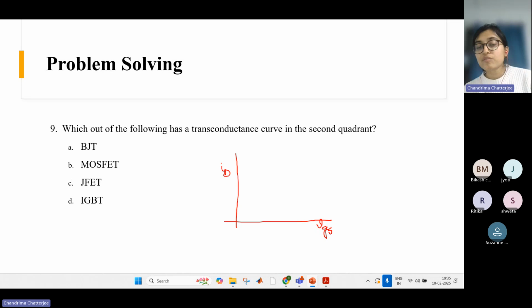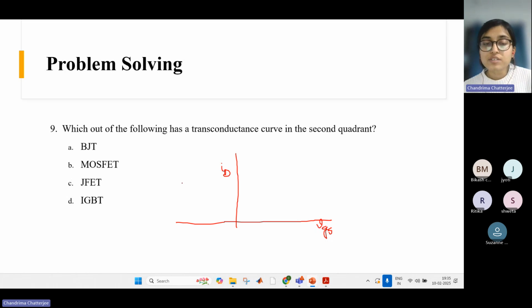Today only we saw this for MOSFET, right? The transconductance curve. So for which of these devices is this curve in the second quadrant? Second quadrant means in this region, in this quadrant.